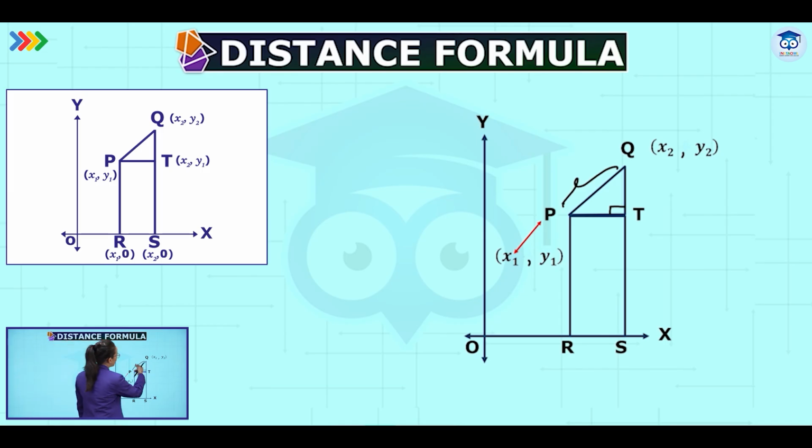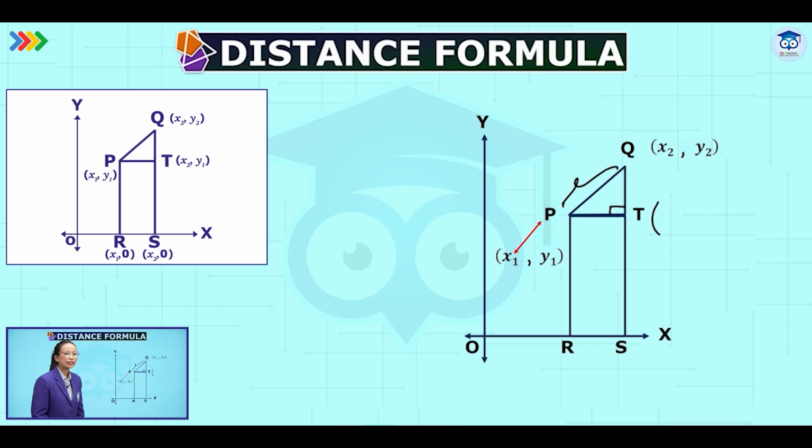So let us focus on this triangle. It is a right angle triangle. So we will be using the right angle triangle and the Pythagoras theorem to calculate the value of PQ.